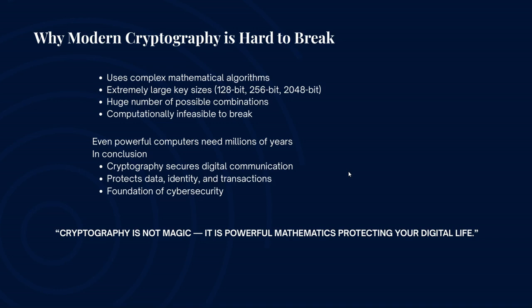That is an unimaginably large number. Third, computational difficulty. Trying all possibilities using brute force would take millions of years, even for powerful computers. And finally, these algorithms are carefully designed to resist attack. So remember this: cryptography is not unbreakable in theory, but in practice it is extremely secure.